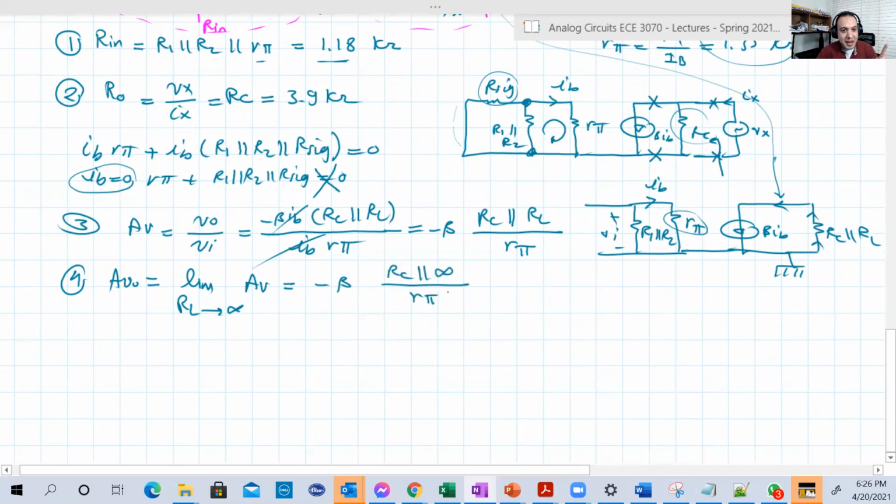What is parallel with infinity? If you have a resistance in parallel with an infinite resistance, the equivalent will be basically the same resistance. Let's call it R, RL, or whatever, RC here. So that's basically minus beta RC over R pi.